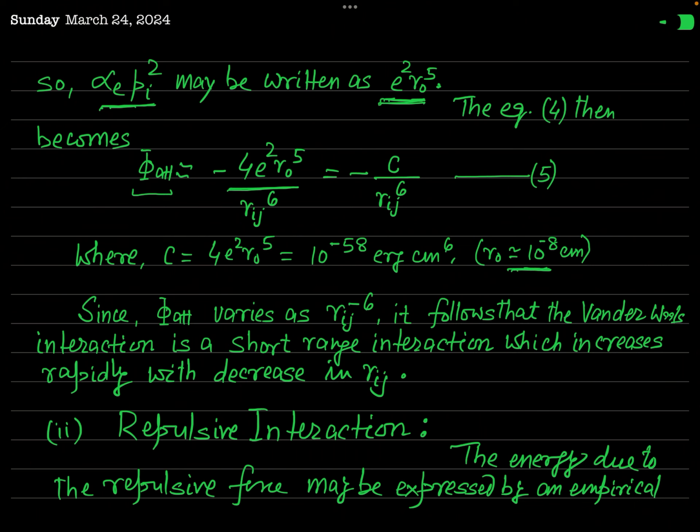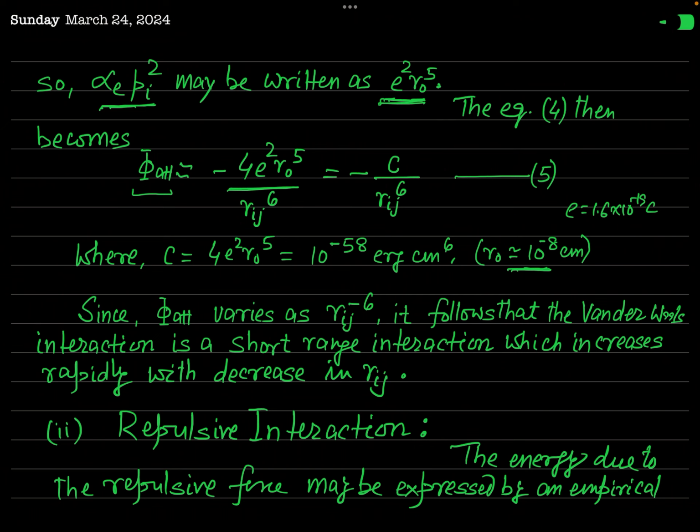And you know this e is 1.6 into 10 to the power minus 19 coulomb.